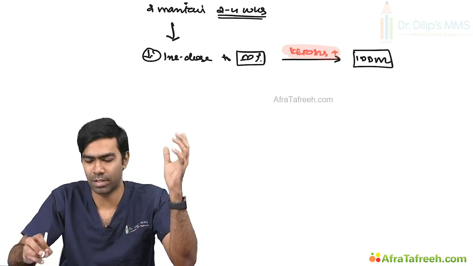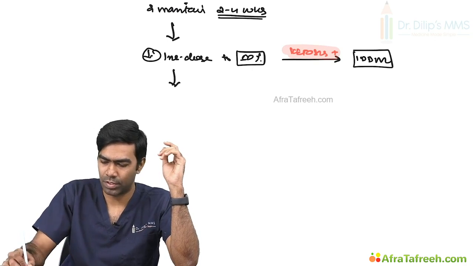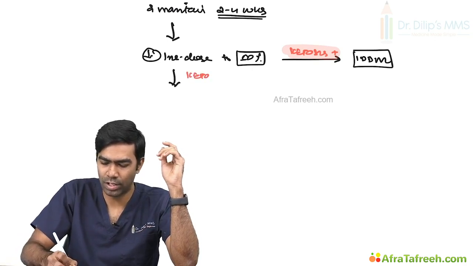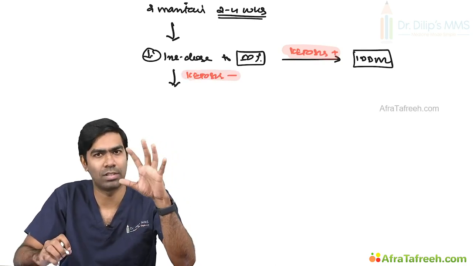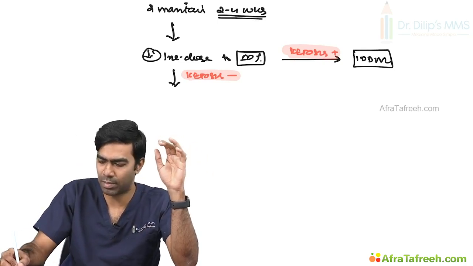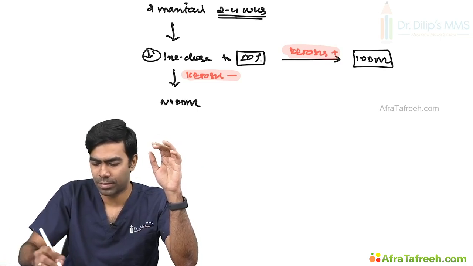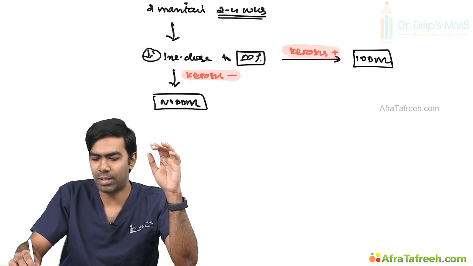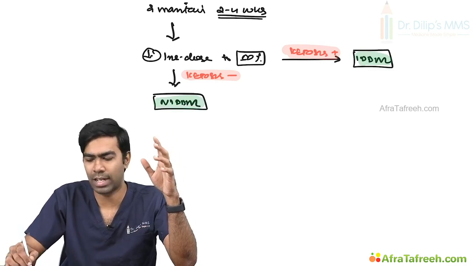So if the ketosis reappears, it is insulin dependent. If the ketosis does not reappear, which means even after reducing the insulin dose to 50% of what is needed for glycemic control the ketosis is not there in the patient, then these patients will be termed as non-insulin dependent diabetes mellitus. So to know whether the patient is insulin dependent or non-insulin dependent, you don't need any antibody testing or any extravagant testing.